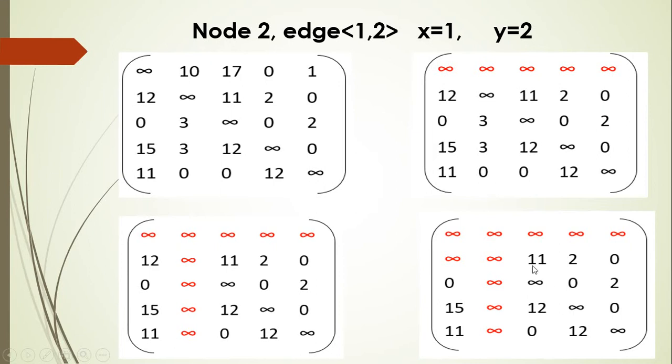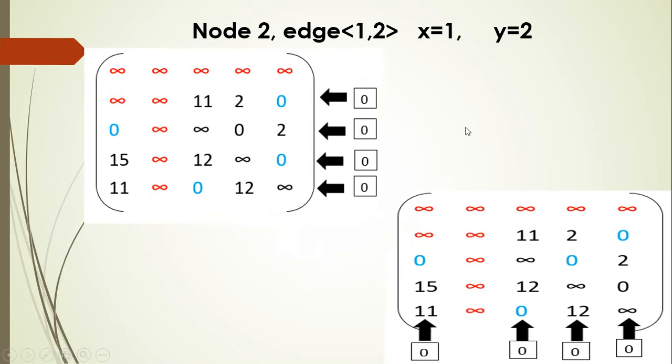So that's why we are making it infinity. Similarly, we are making infinity here for 2 to 1. As we are traveling from 1 to 2, there is no chance that we will travel again from 2 to 1, so we make that also infinity. Again apply reducing rows and reducing columns.